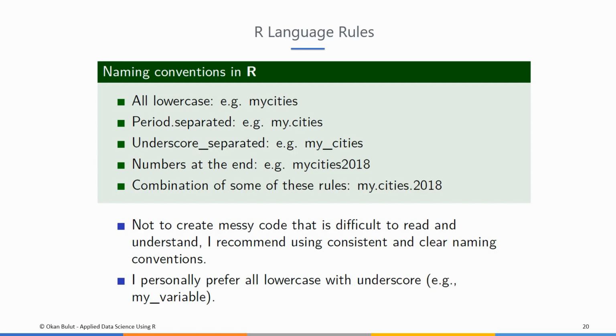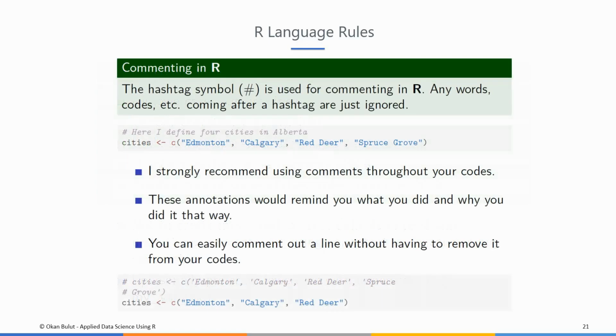So it is really important to keep the naming rules consistent. Whatever you decide at the end, I strongly recommend you use the same rules all the time, so you don't get confused by your own code as you rerun it later on in the future.